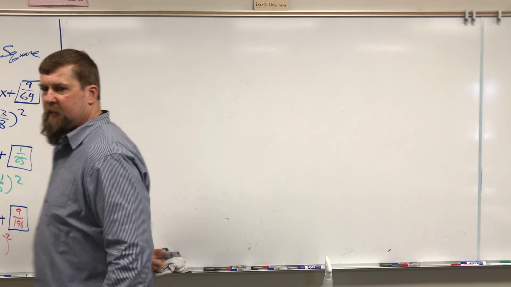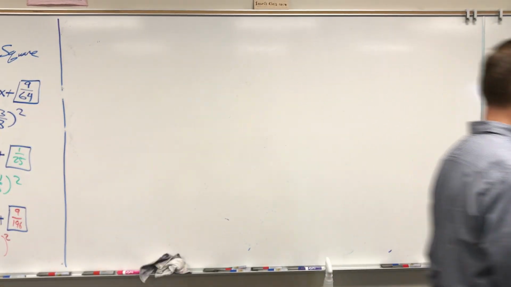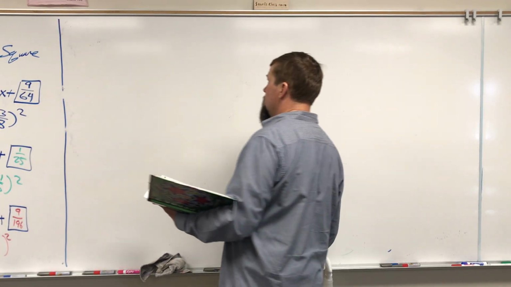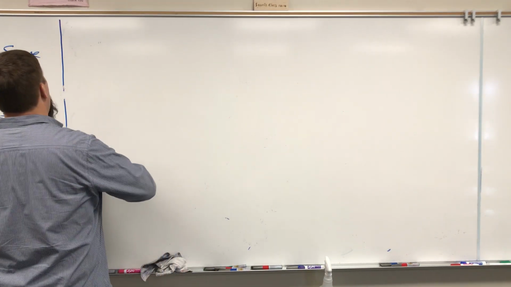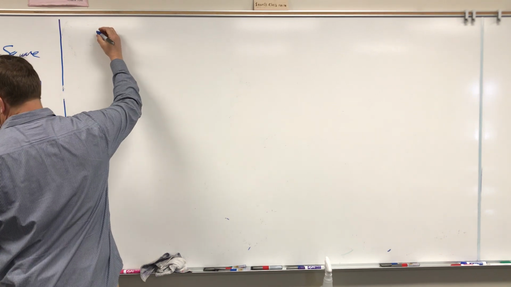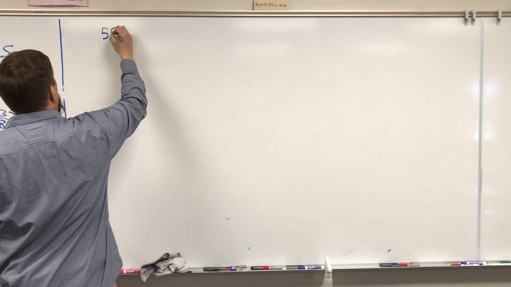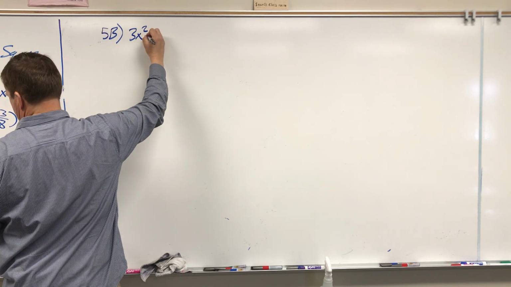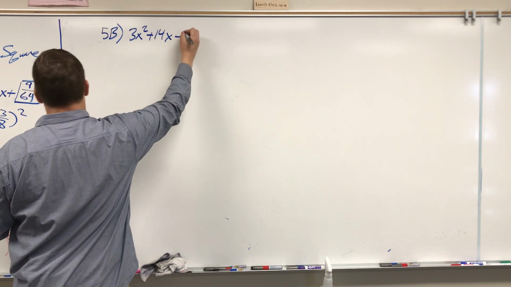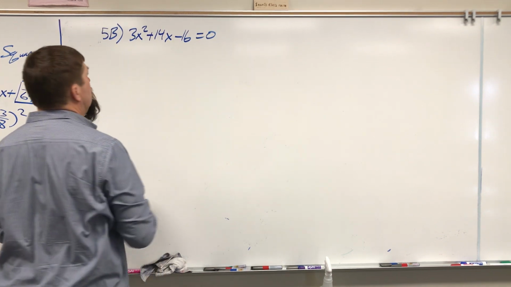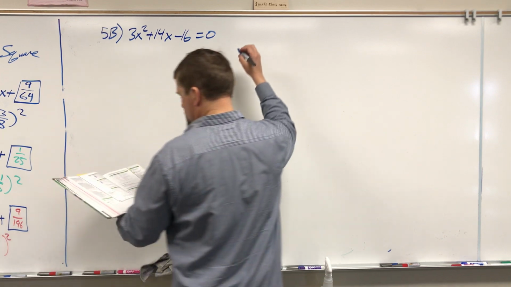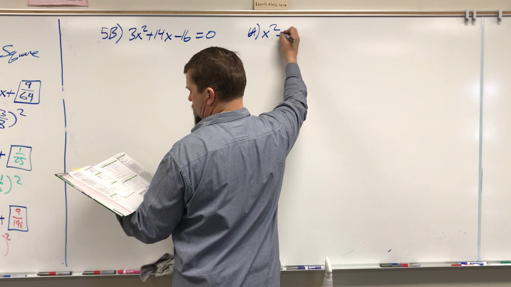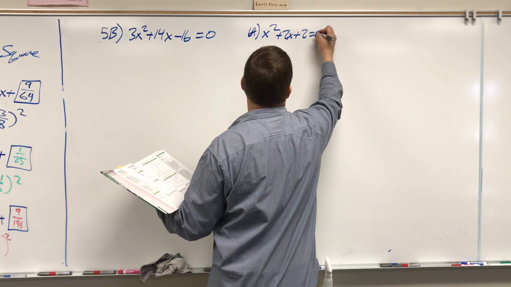Okay, so let's get example 5B on here, and let's work through that. I will try to do this quickly, so you can always pause the video and you can try it before I do, if you would like. So 3x squared plus 14x minus 16 equals 0. 6a is x squared plus 2x plus 2 equals 0.